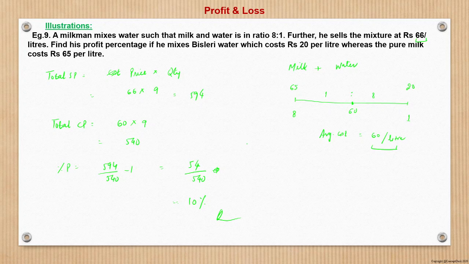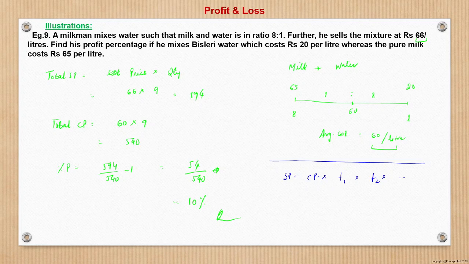I intentionally did not use the concept of multiplying factor because here this water is not free. If we use the concept of SP is equal to CP into F1 into F2, that concept we can use here.